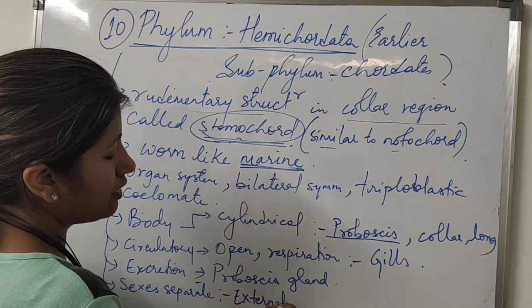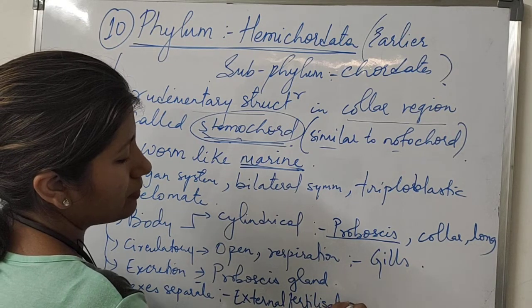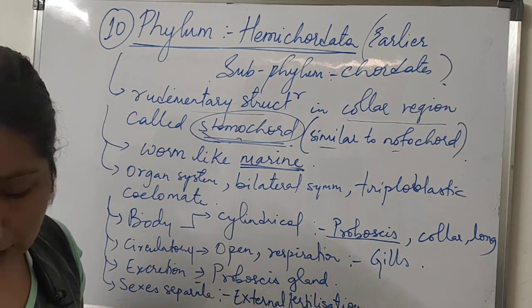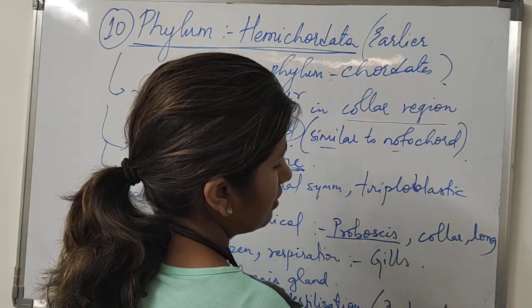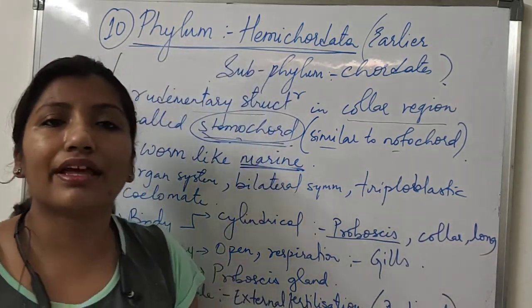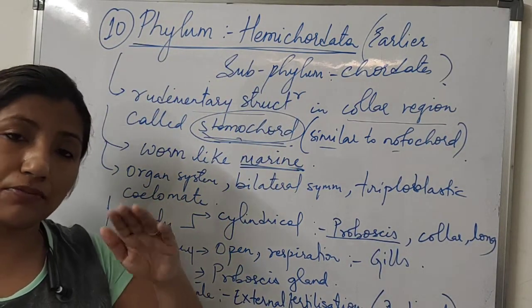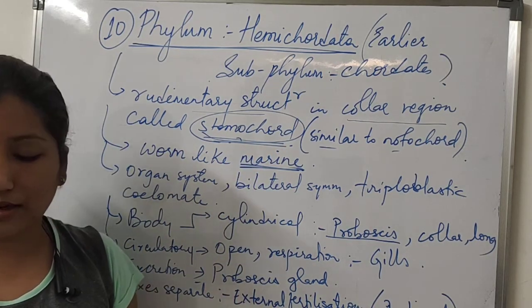They release the gametes outside in the water medium, and outside the body the fertilization takes place. And development is indirect. Indirect means first the egg will form, then the larva will form, then the adult will form. A metamorphosis stage in the life cycle is known as indirect development.